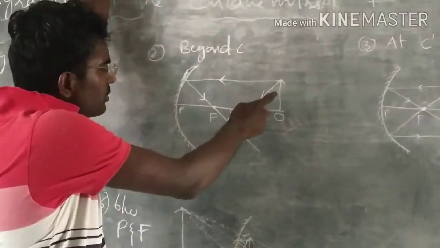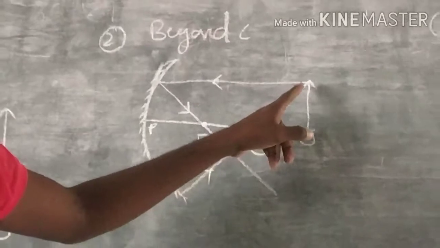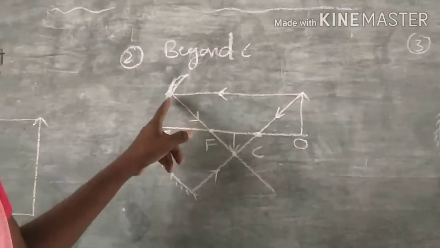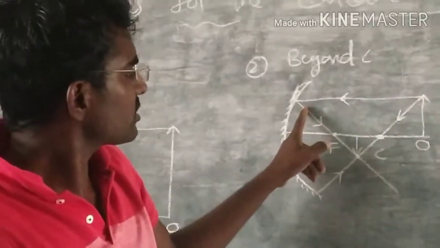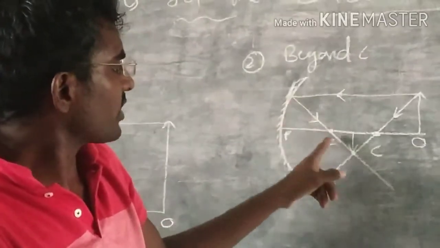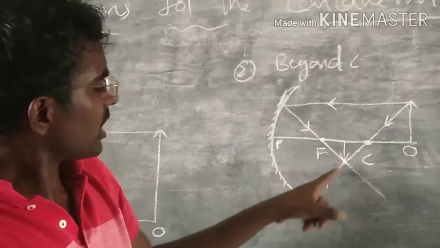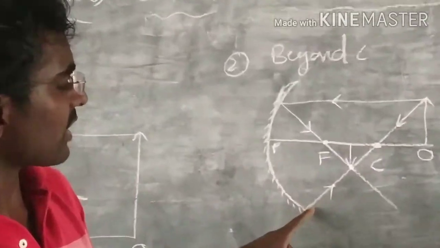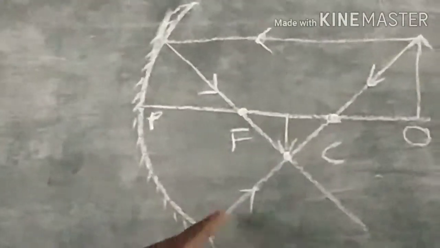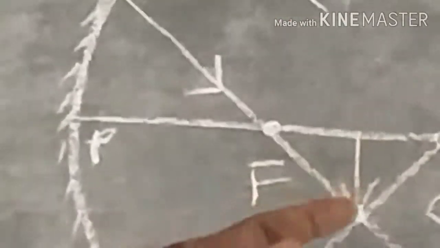The ray passing parallel to the principal axis, after reflection passes through the focus point. Then the other ray is passing through the center of curvature. As you know, any ray passing through the center of curvature is reflected along the same path, right?